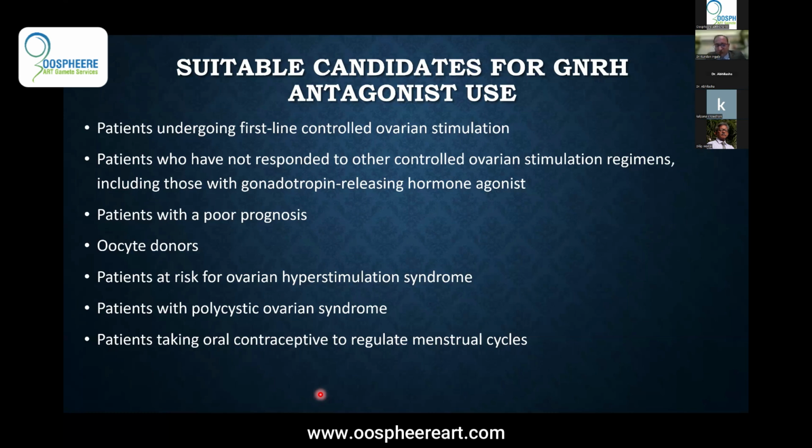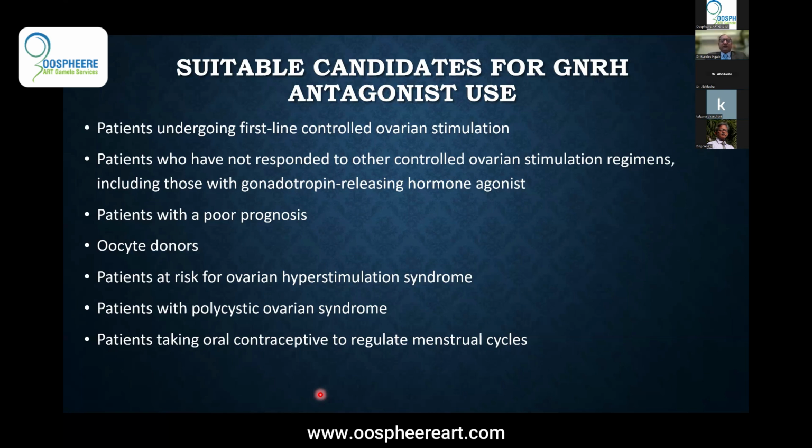All of this will help you plan an IVF cycle next time. If she has done well on antagonist, you will go ahead with antagonist. If she was a poor responder with the antagonist protocol, we can go for the agonist protocol next time. So please, decide depending on the previous history.